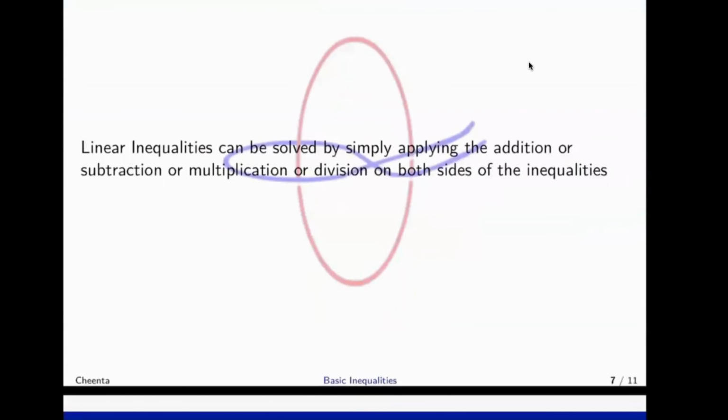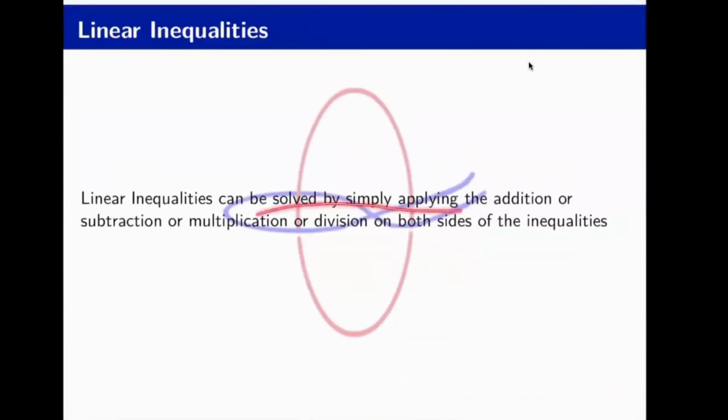Linear inequalities can be solved by simply applying addition, subtraction, multiplication or division on both sides. Linear inequalities are the inequalities of the type x plus 5 greater than 0, x minus 5, where the maximum degree on both sides is 1. For example, suppose we have 5x plus 6 greater than 75.